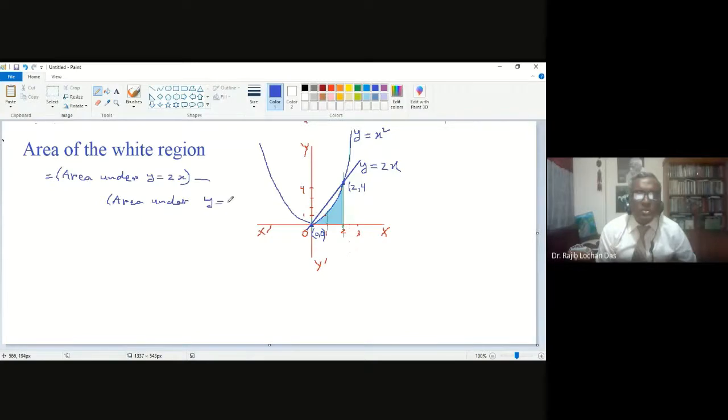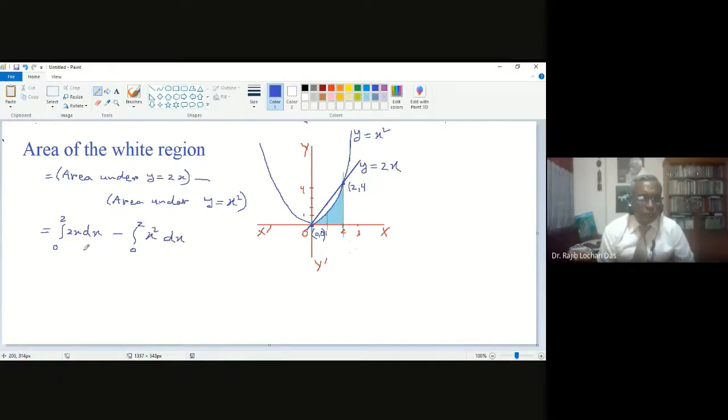So these two calculations you will do, and for area calculation there is no pi. You just use the range of x, that is 0 to 2, and it is the integral of 2x dx from 0 to 2, minus the integral of x square dx from 0 to 2.